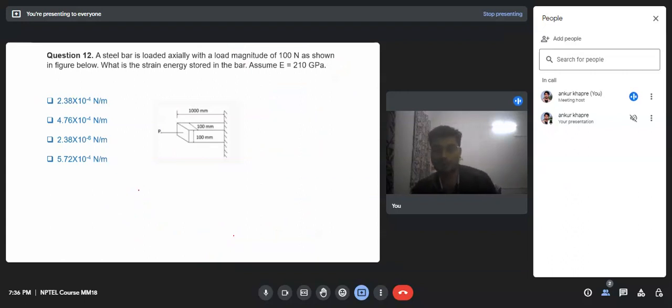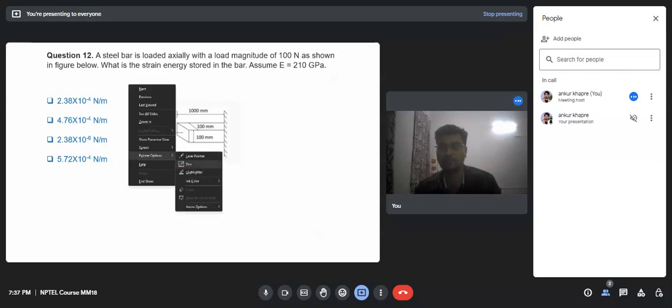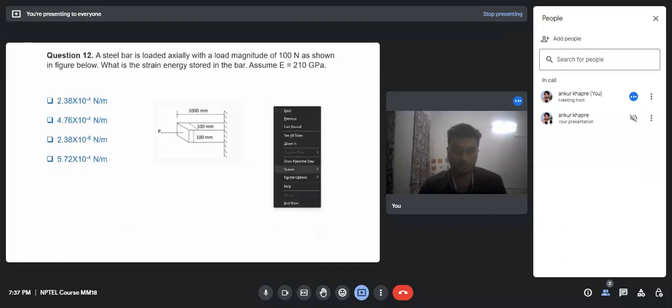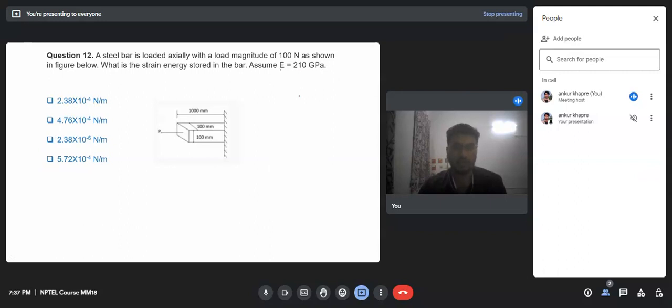So now we'll move further to question number 12. In that they are asking, a steel bar is loaded axially with a load magnitude of 100 Newton as shown in the figure below, what is the strain energy stored in the bar? Assume E is equal to 210 gigapascal.